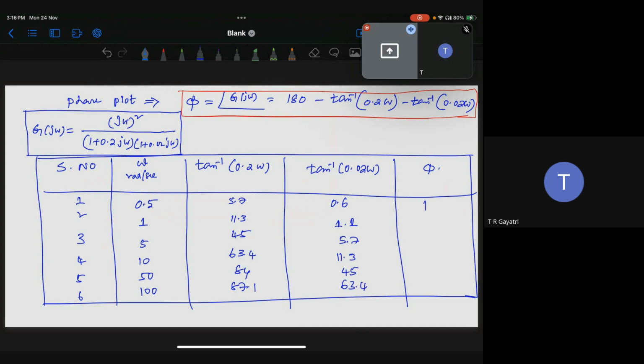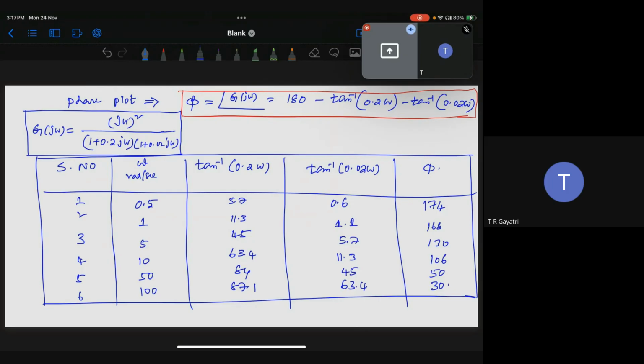The corresponding angles you get are 174, 168, 130, 106, 50, and 30.